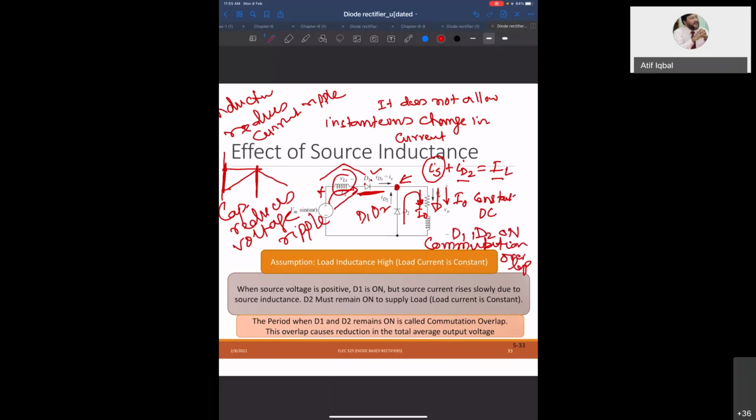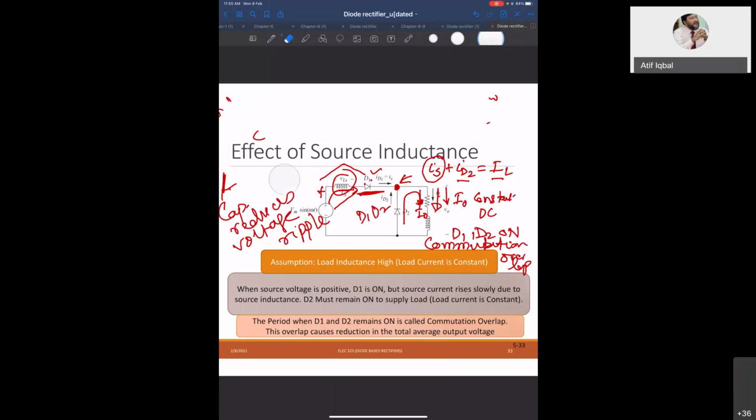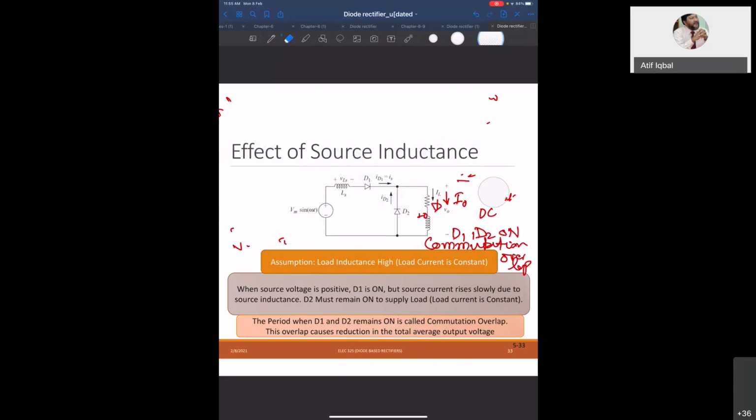Ideally, when diode D1 is on, D2 should go off, and when D2 is on, D1 should go off. So this should ideally happen. You have seen that D1 works alone, D2 works alone.